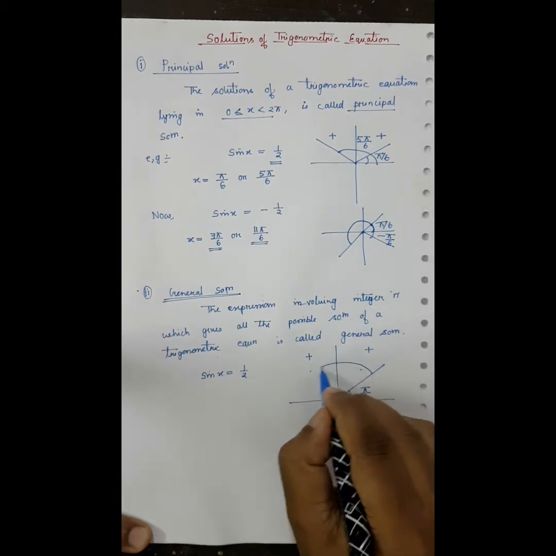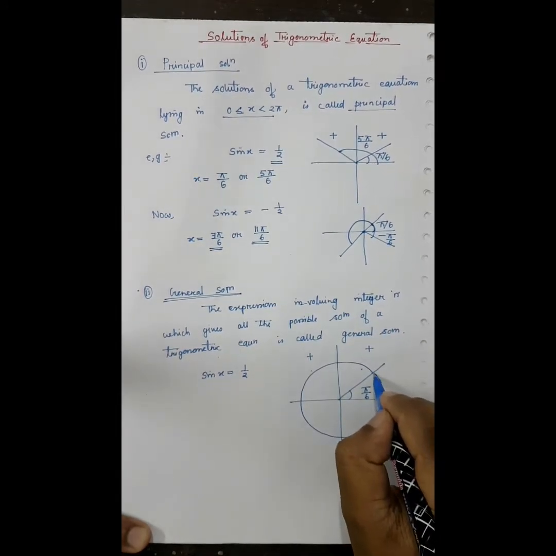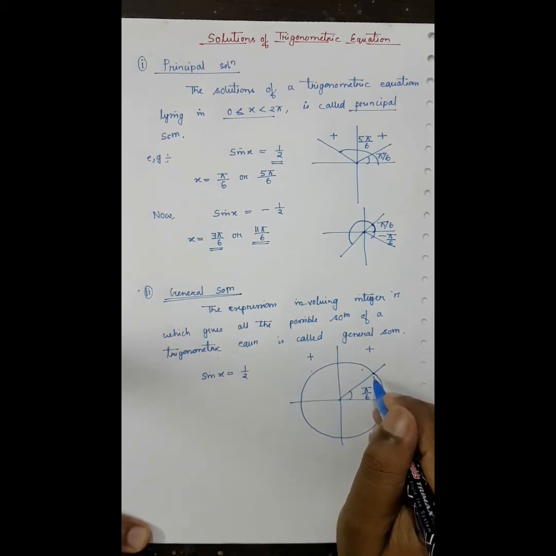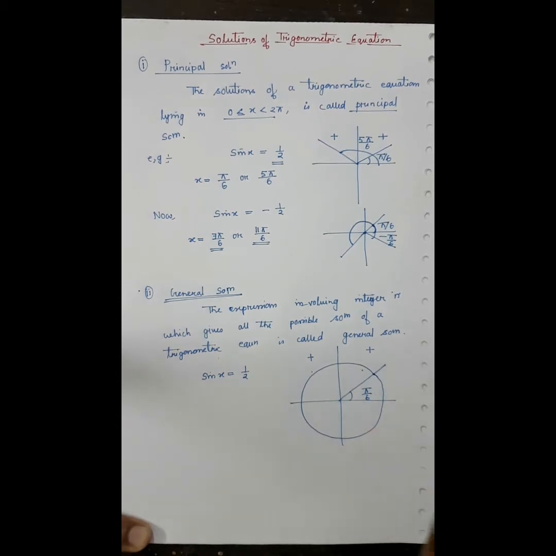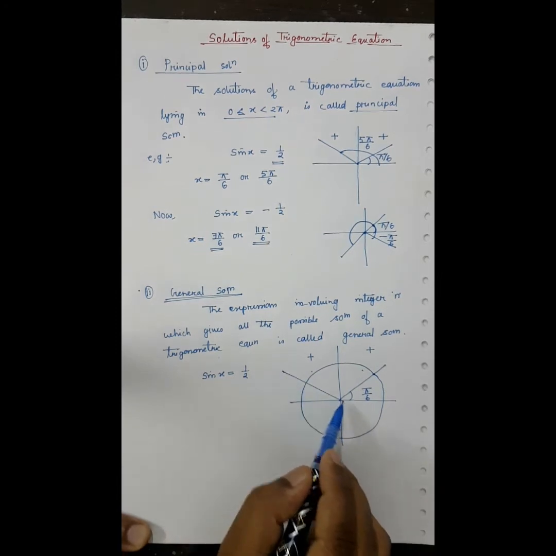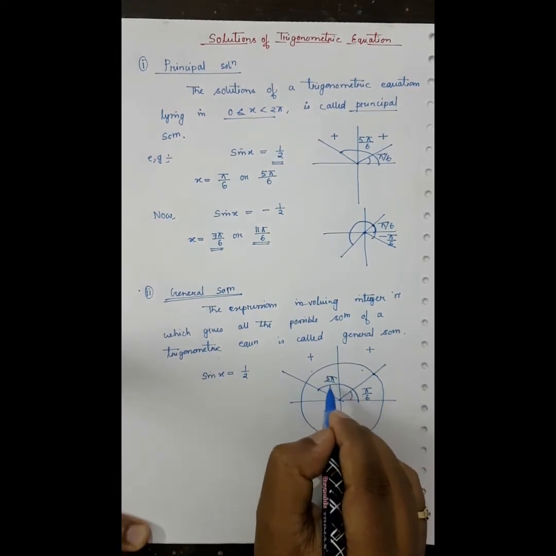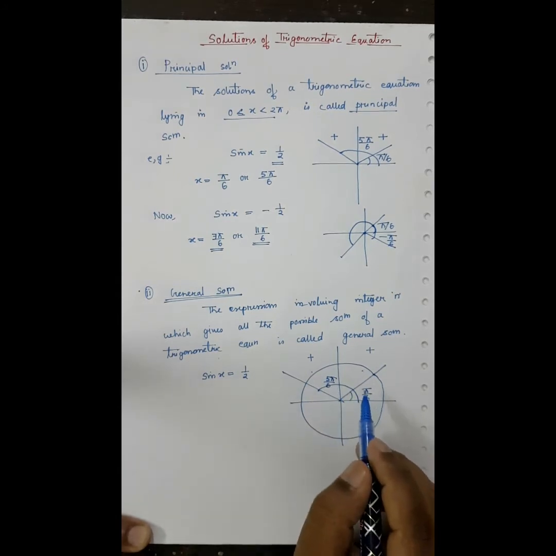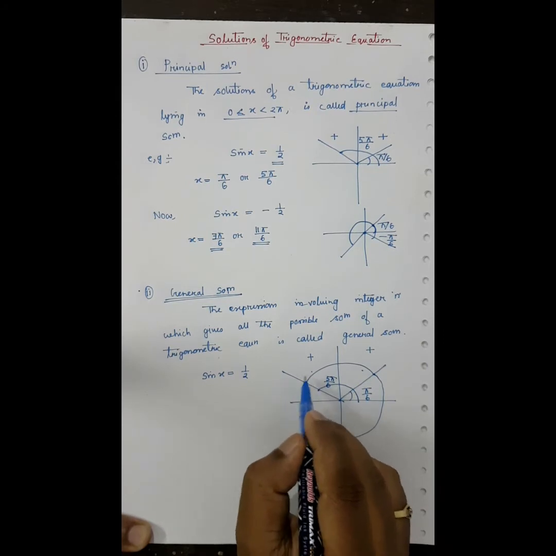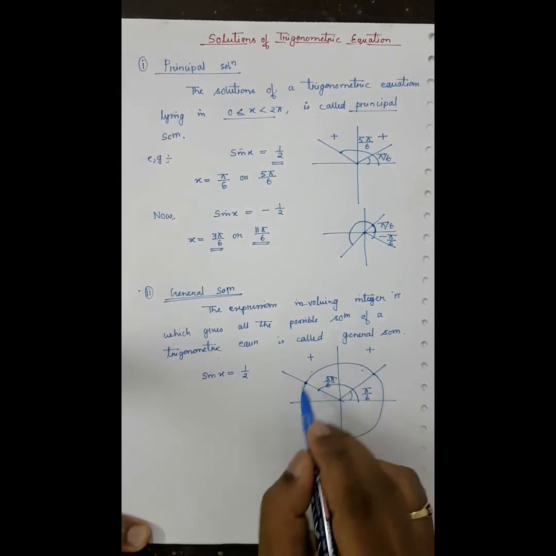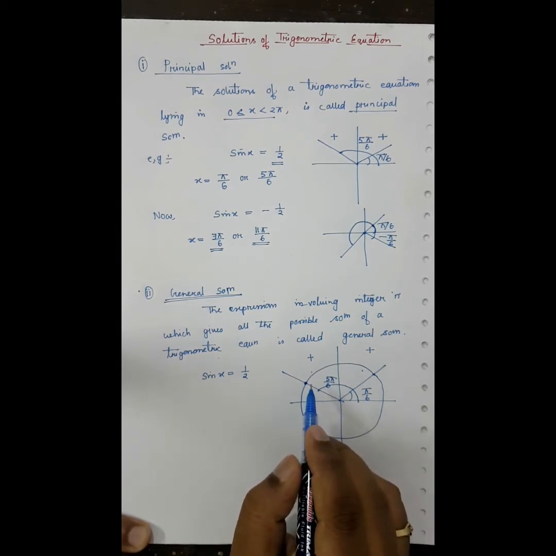So if I reach this point again after one revolution, sin x will again be equal to half. Similarly, at this point it is your 5 pi by 6. The value of sin x is again half. So if I reach this point after every twice pi interval, the value of sin x will remain same.